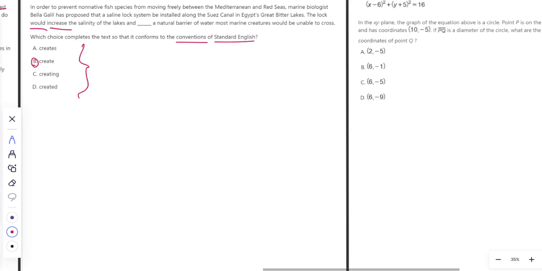If it said maybe increases, then I could go with creates, but it has to match all the other verbs. We can't mix and match. Creating is the action of doing so in real time, so not that either. Created means it's already happened, but we say would increase, as in something that would hypothetically happen. And so we'd want would create as well.